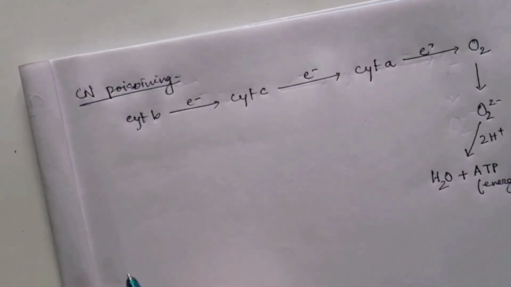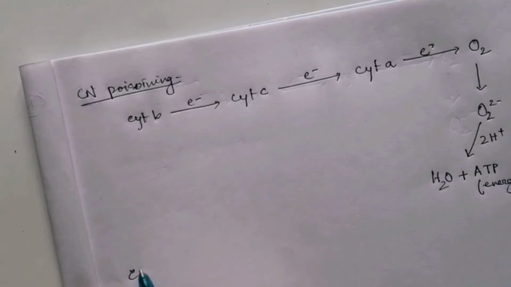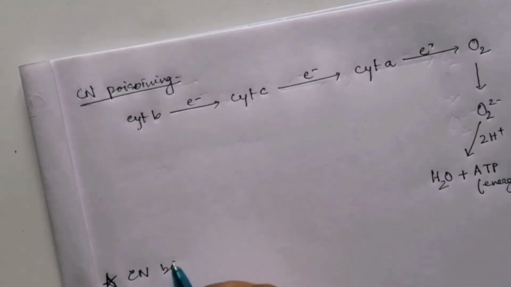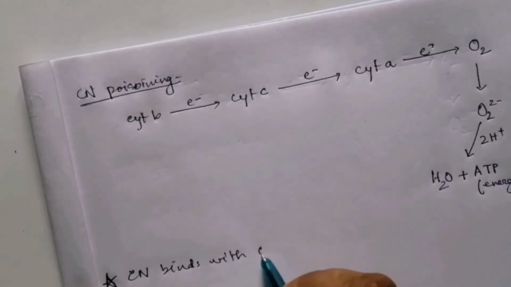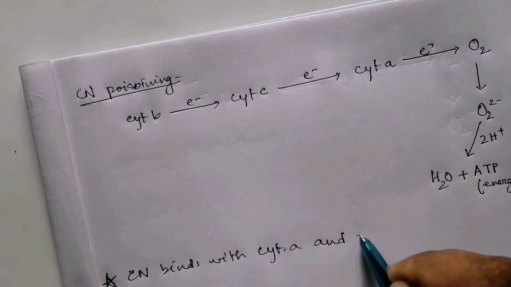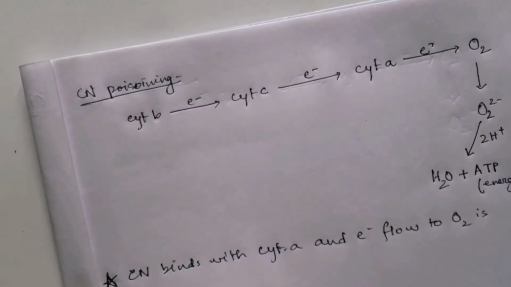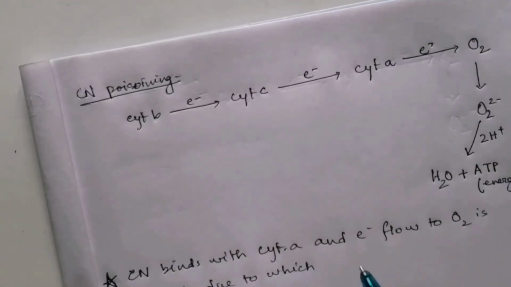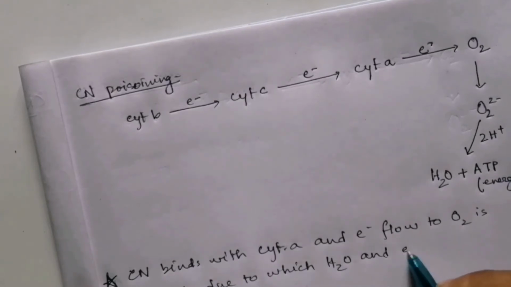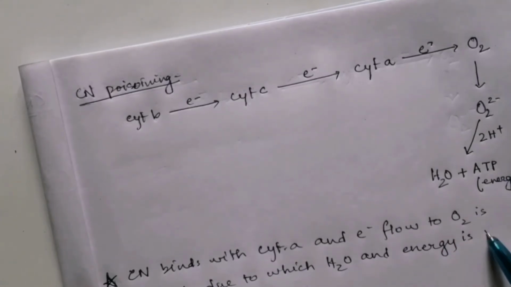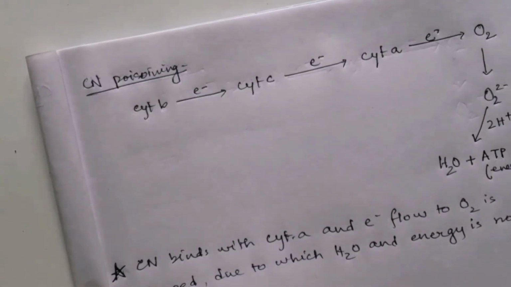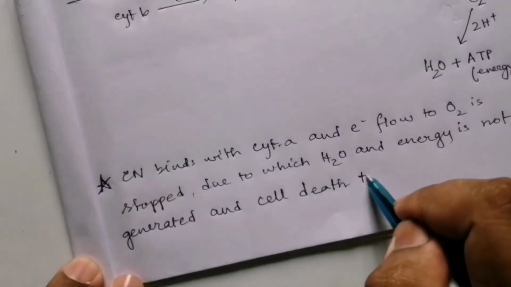So in presence of cyanide, what happens is that the cyanide binds with cytochrome A and electron flow to oxygen is stopped, due to which water and energy is not generated, and cell death takes place.